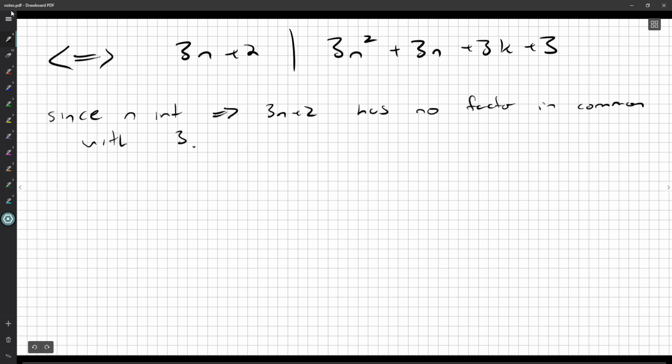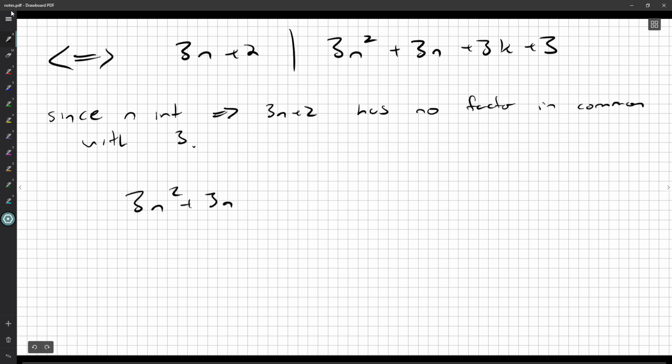Right? 3n plus 2 leaves a remainder of 2 when you divide by 3. So 3n plus 2 divides 3 times that expression there. Well, it has no factors in common with 3, so it must have all its factors in common with this bit. And as long as I've got that nice little explanation, I can write that now.